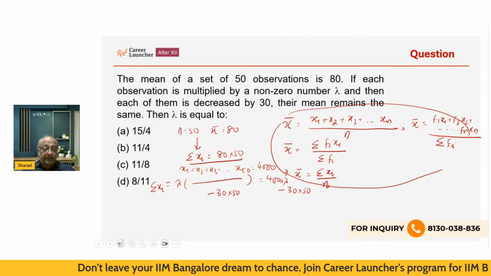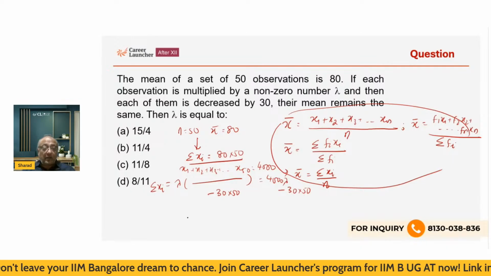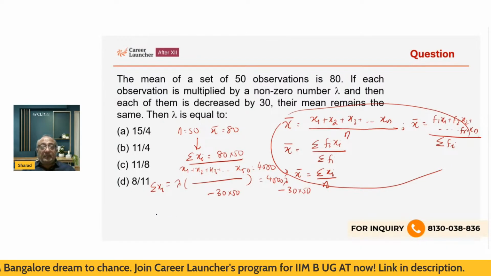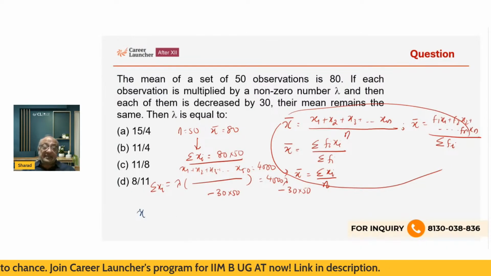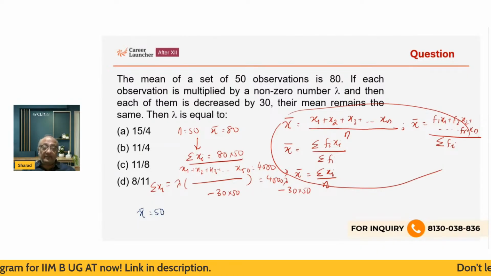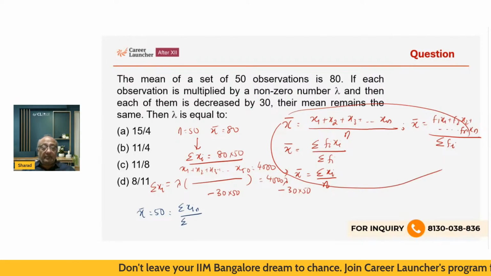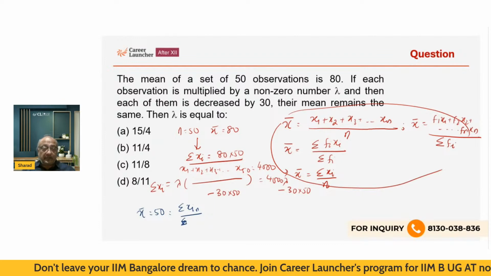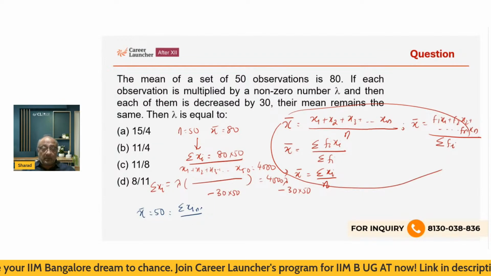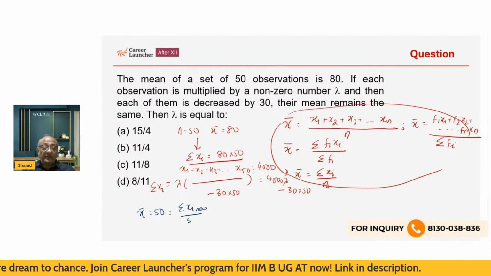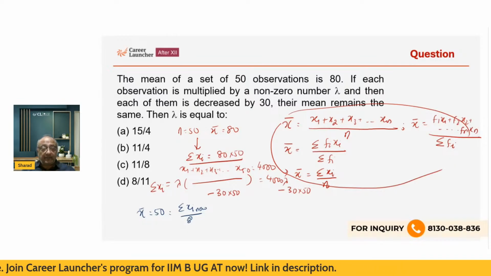Now let us take a different color of pen. What will be my new x bar? It says it remains the same. Remains the same, meaning how much? It will be 80. So what is the formula? Sigma xi new upon the number of observations, which are how many? 50.